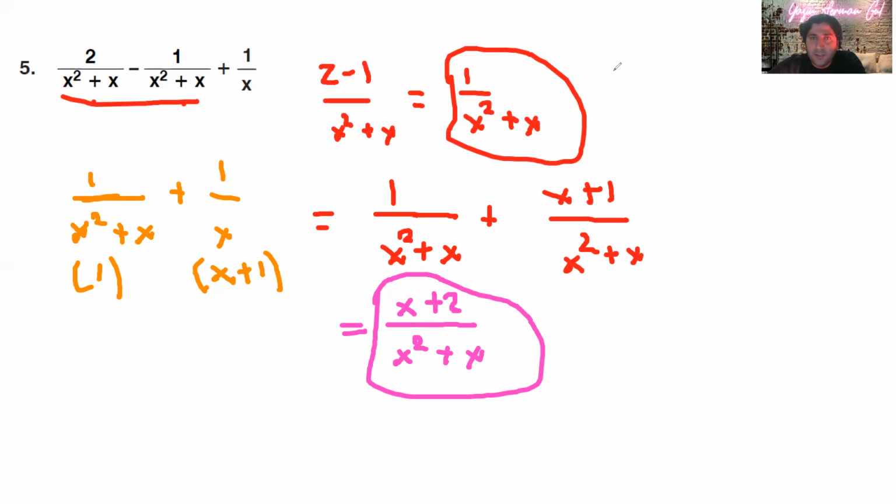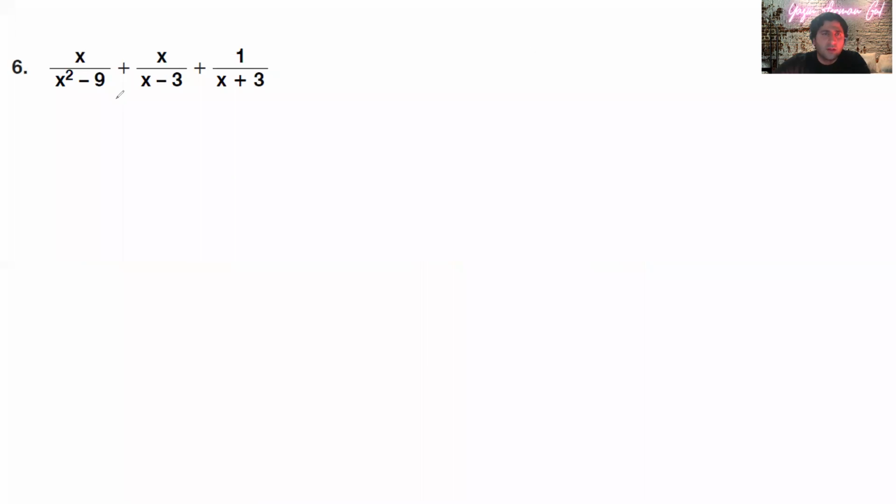Okay, let's continue with the next question. Okay, next is question 6. I'm just going to remove this. Let's see what is here. x squared minus 9. You see here, guys, there's something I'm going to show you now. x squared minus 9 is basically equal to x squared minus 3 squared, and that is the difference of squares.